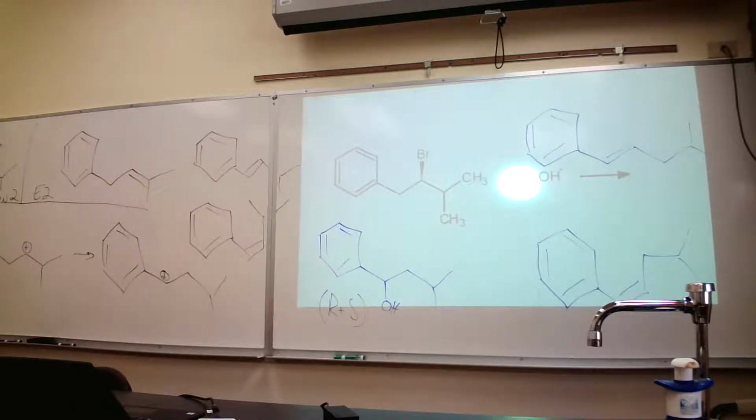All right, so hydroxide is a strong base and also a strong nucleophile, right? That's one of our classic examples of strong base, strong nucleophile. So which mechanism is going to be favored? Secondary leaving group.